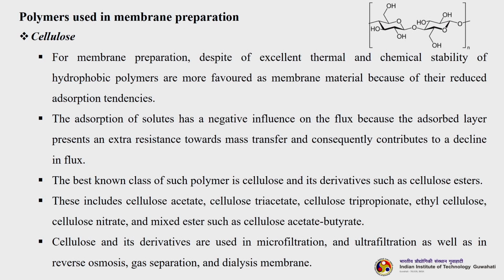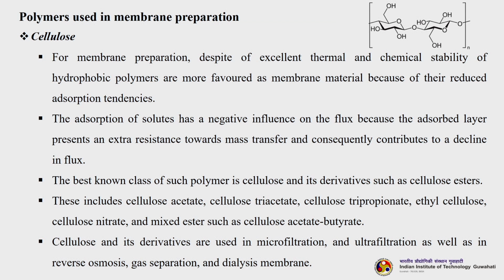So, now we will discuss a few polymeric materials which are widely used for preparing membranes. Let us start with cellulose, which is the most abundantly available natural material on earth. For membrane preparation, despite excellent thermal and chemical stability, hydrophobic polymers are more favored as membrane material because of the reduced adsorption tendencies.